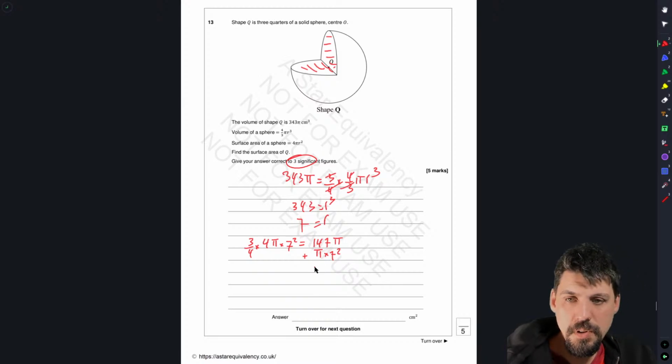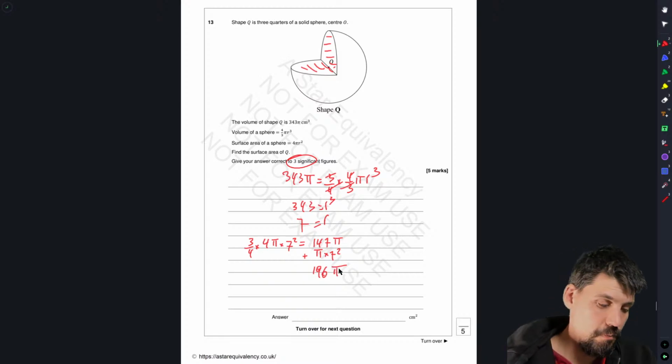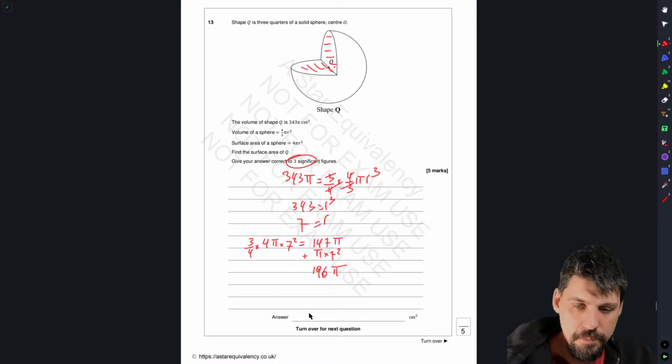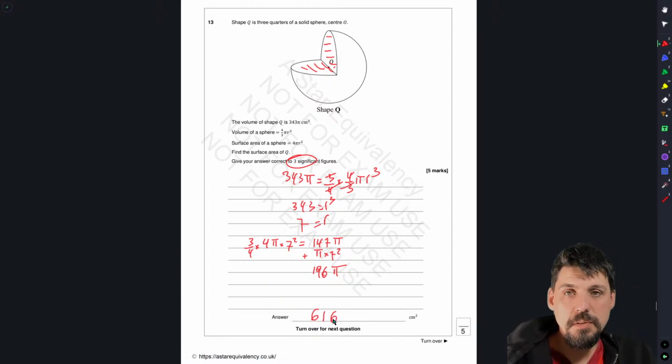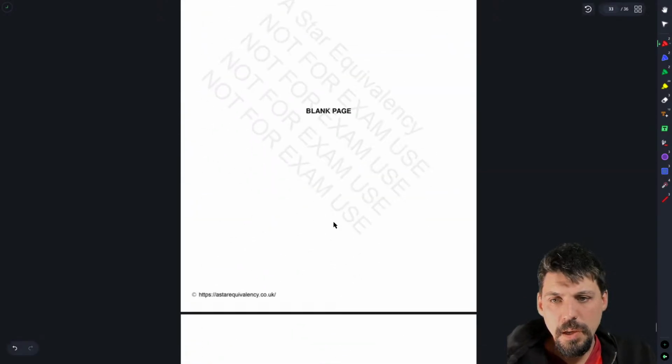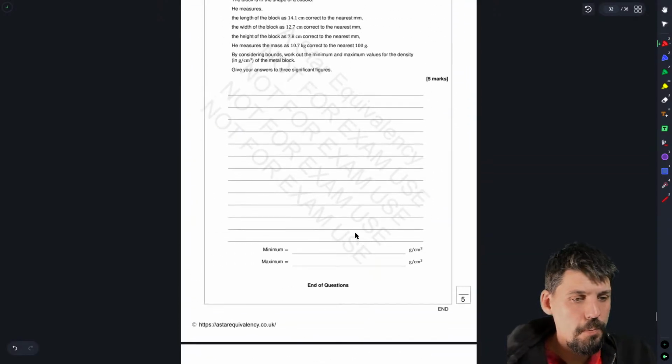So I make this 196 pi. Thank you, calculator. And we're doing this to 3 sig fig, so 616 centimeters squared. How many have we got here? 14? Oh, not bad.